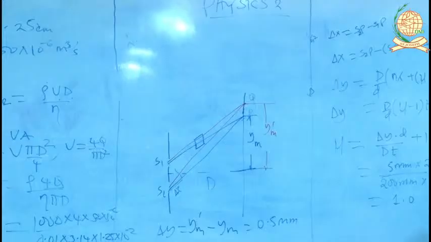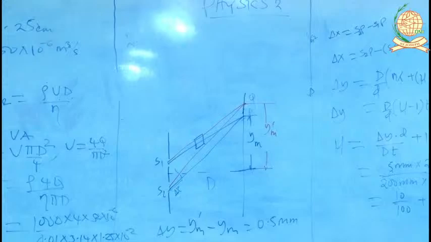I had forgotten it, plus 1 here. So 10 over 100 plus 1 is equal to 1.1. So refractive index is 1.1.